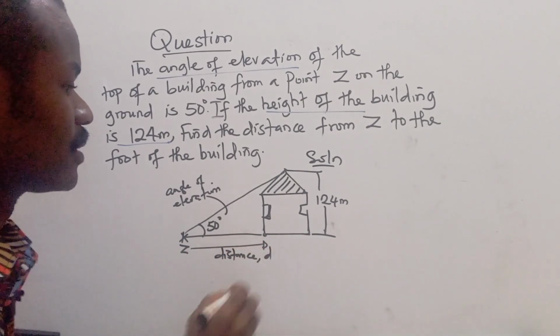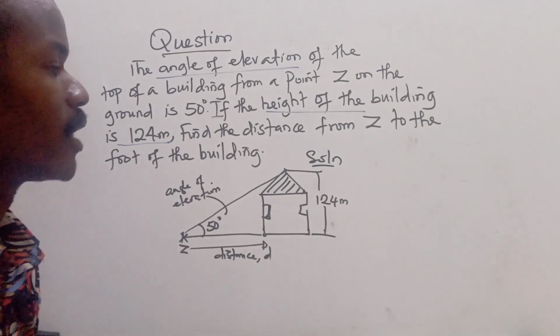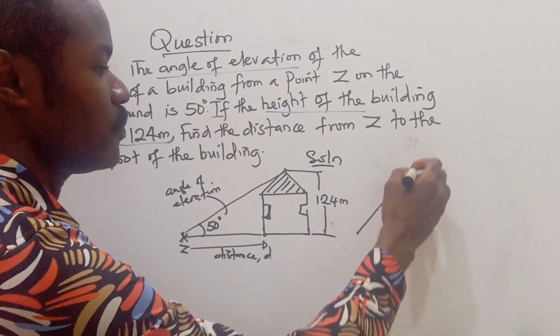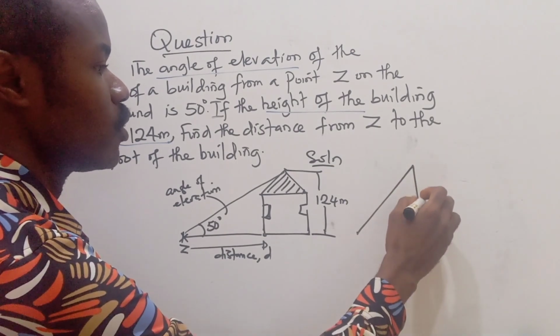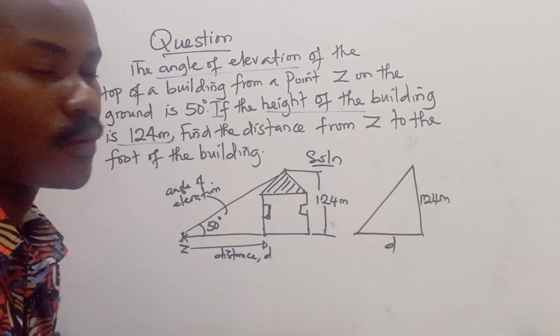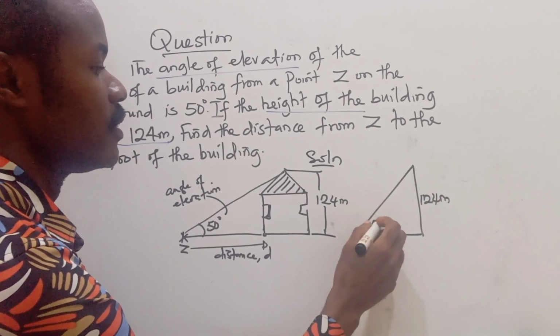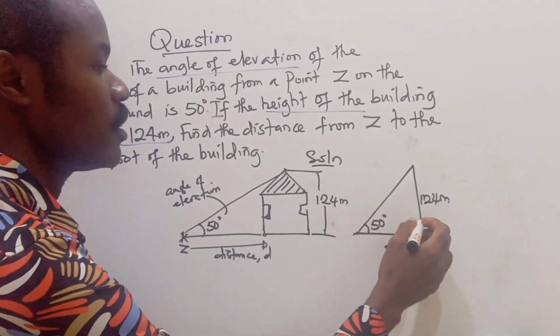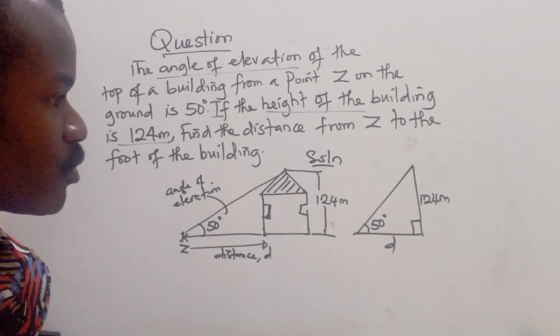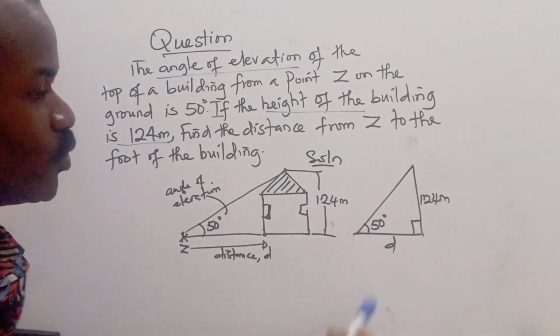Let's call it distance D. So let me quickly form the triangle. This is the height of the building, which is 124 meters. This is the distance we're looking for, and this is 50 degrees. So we have formed a right angle triangle. Now from the right angle triangle, we are meant to look for D.